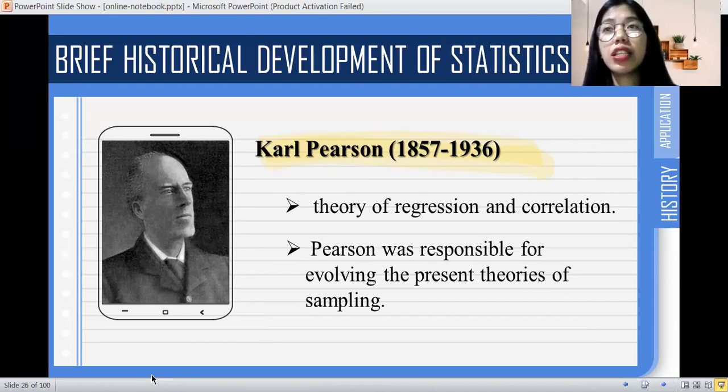If there is a significant relationship between two variables sa statistics. Like for example, kung nakakaapekto ba sa pag-aaral ng isang bata kung gaano siya ka-late matulog or ilang oras siya mag-study, ganyan. So, yun po yung kay Carl Pearson.